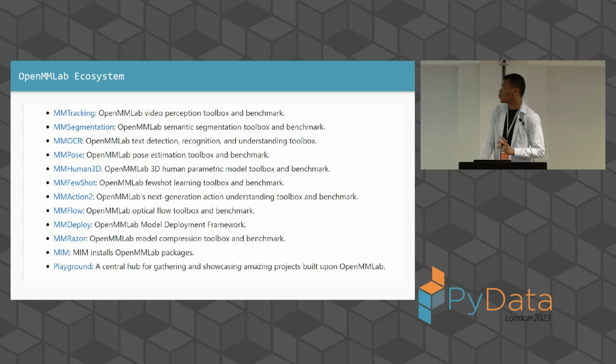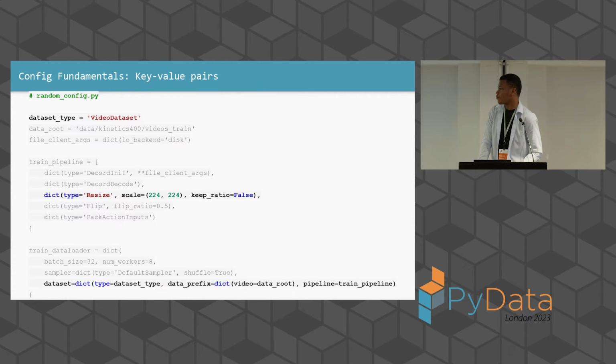So I'm just going to walk through some of the fundamentals here. Now I'm hoping you can see this, but this is a config fundamental. So let's say this is a random config.py file. The idea here is you can put together the various bits that you would use to train your model, and you do this with a key value pair structure.